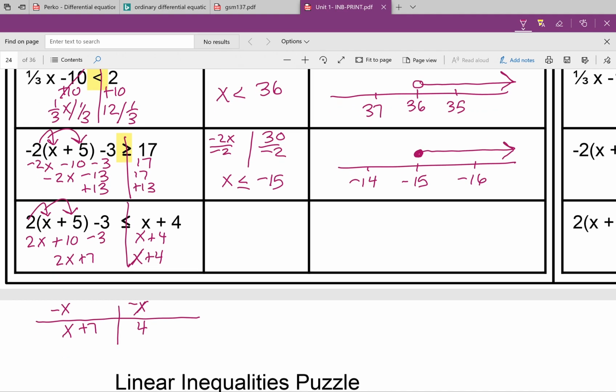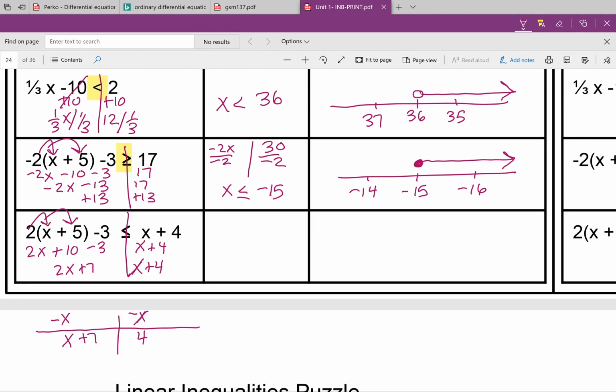Then my very last step is to subtract 7. Notice I'm just subtracting a number. I'm not dividing by anything. I'm not multiplying by anything. That means my sign is going to stay the same. So 4 minus 7 is -3. So x is less than or equal to -3.